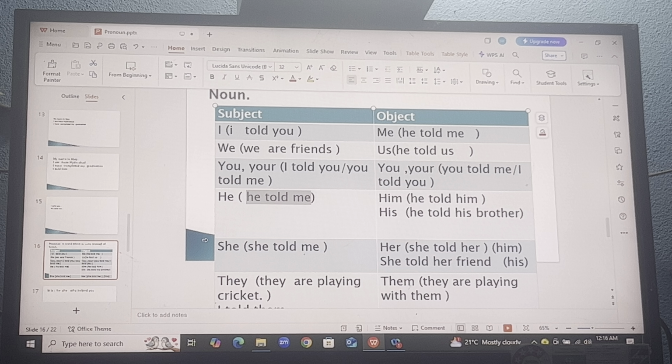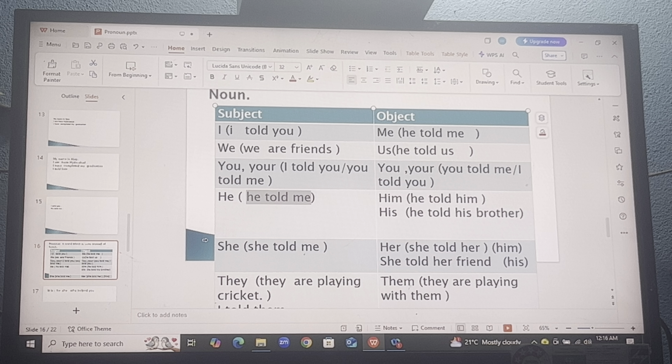Here it is: I told you. Getting the point? So here I is your subject, whereas in case of objective pronoun, he told me. So what is my object here? Me.